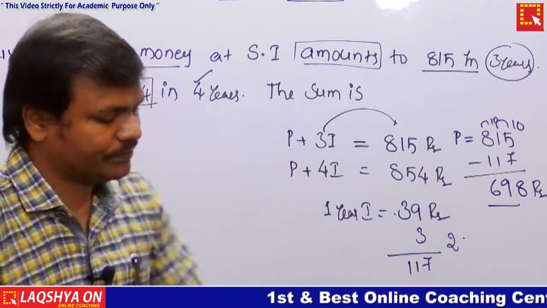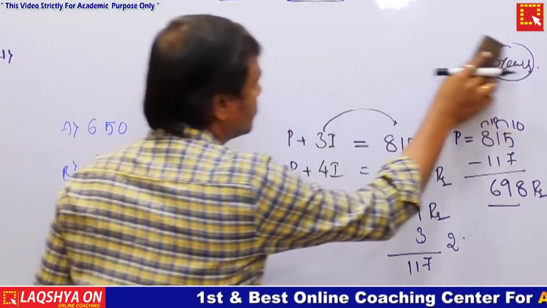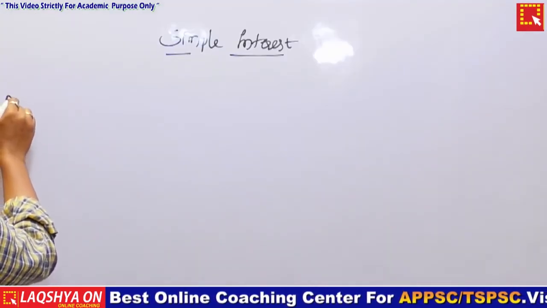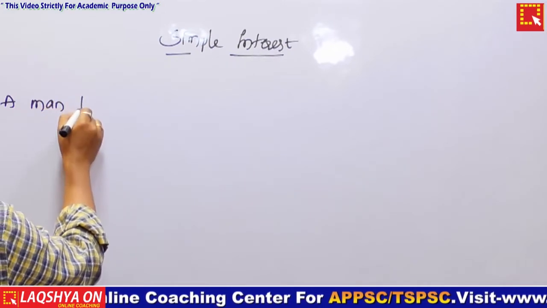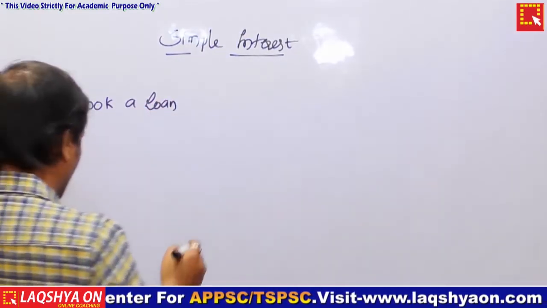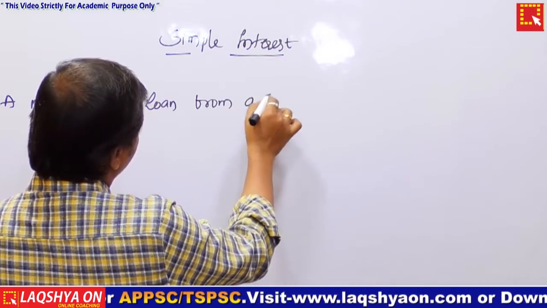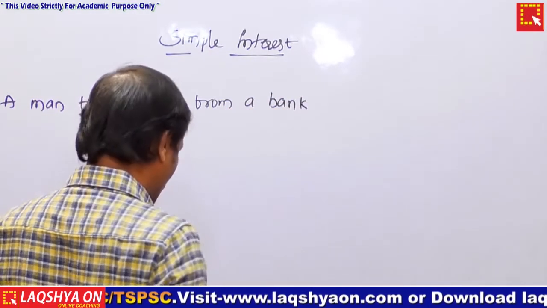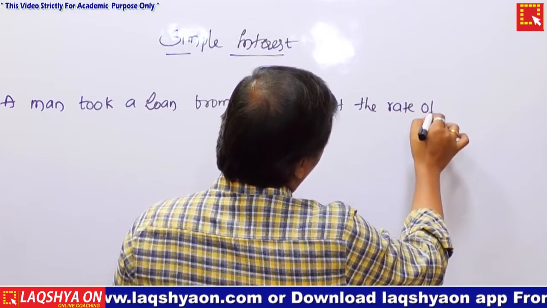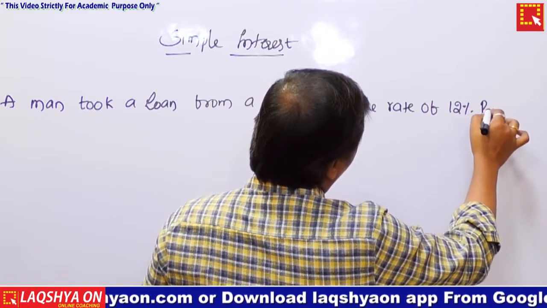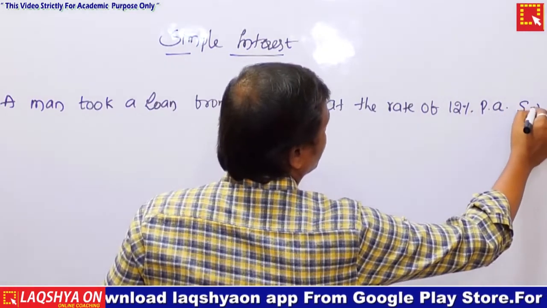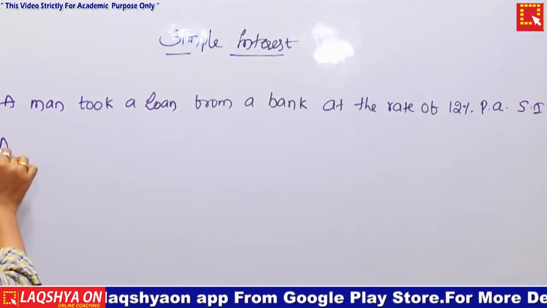Next question. A man took a loan from a bank at the rate of 12% per annum, simple interest.